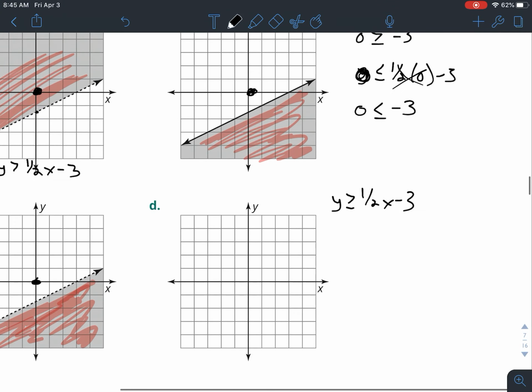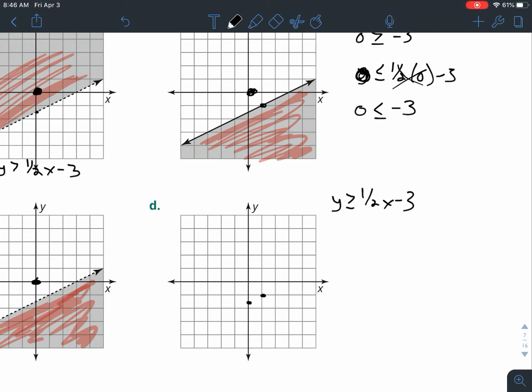Now we have to graph this ourselves. So we know it starts at negative 3, so it's going to be halfway through there. We can look at these points here on this graph and make copies of it, because it's going to be the same graph. We just got to decide which way it's going to shade. We're going to start with this one right here at 1, negative 1.